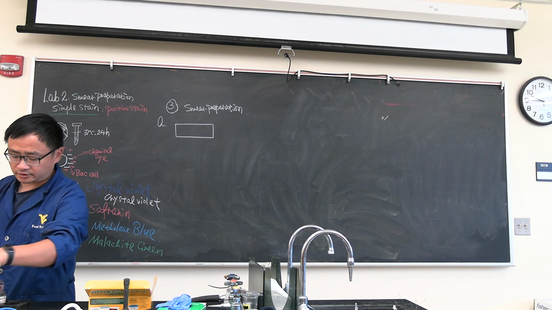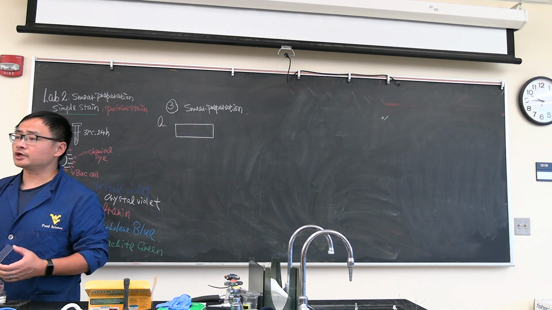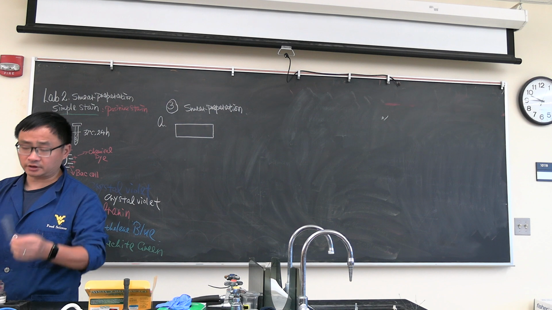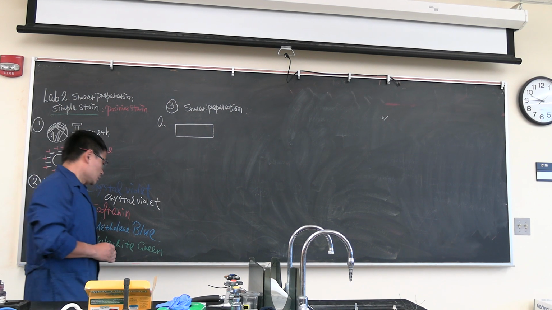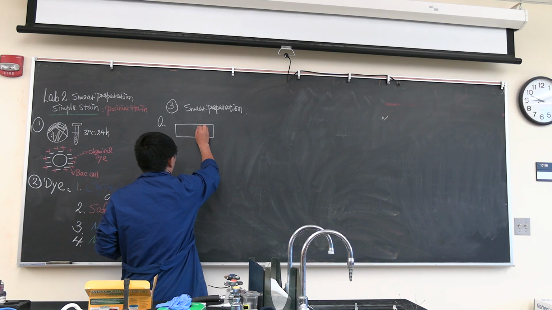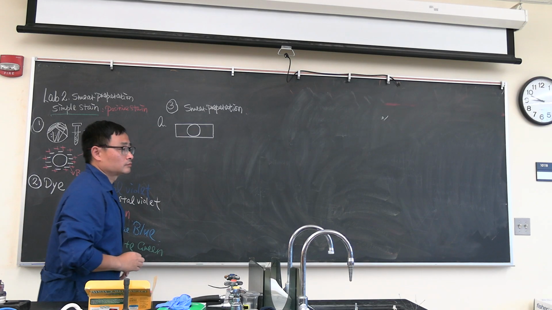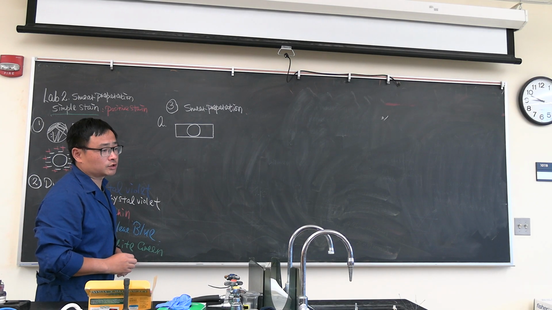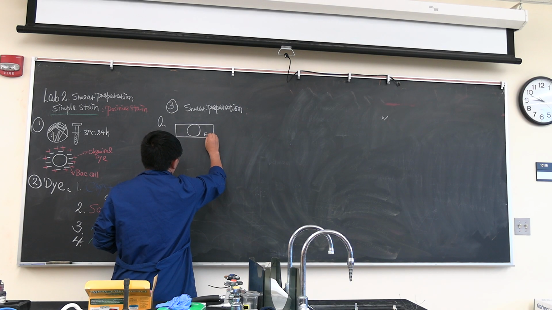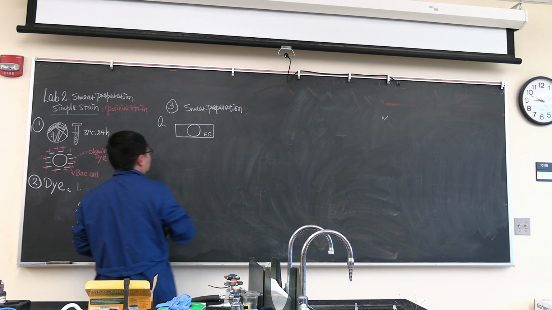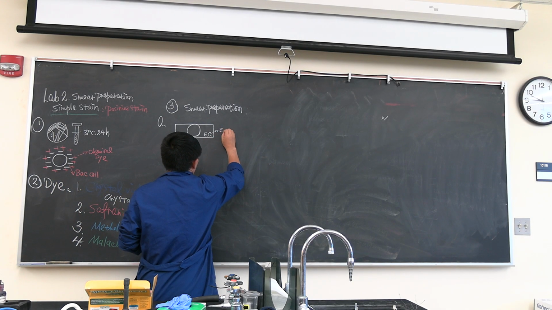You can pick from the front desk, or if you have it in your personal tray in the box, you can get it like this. It's pretty clean. So the first thing you do is draw a big circle. Today we are only going to use one strain, E. coli. So on the corner, label EC, which means E. coli, the acronym of E. coli.